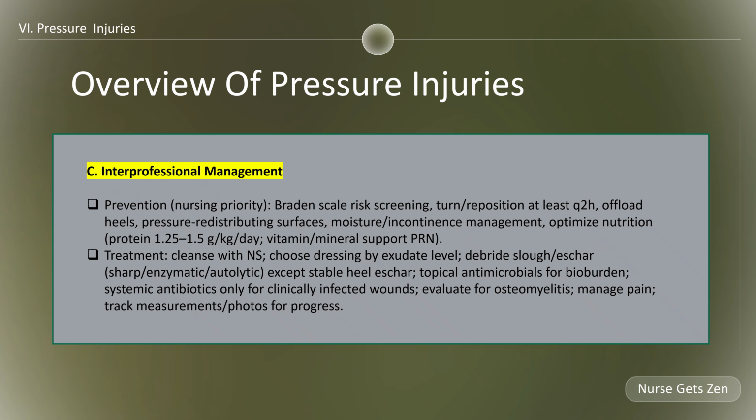Supine means lying on the back, with increased risk of pressure to the occiput, the back of the head, scapulae, sacrum, ischium, and heels, because they are very bony and there you don't have much muscle, and then a little ulcer will take a long time to heal.